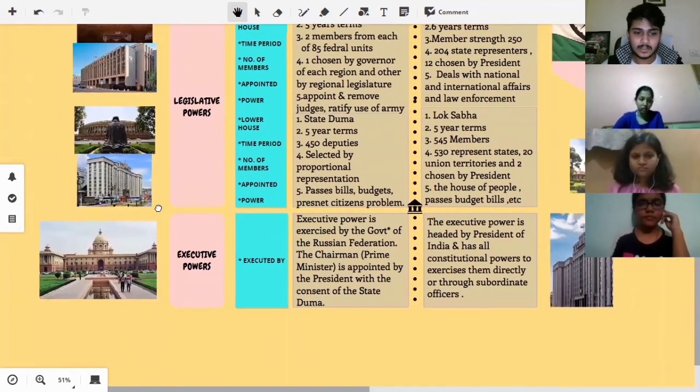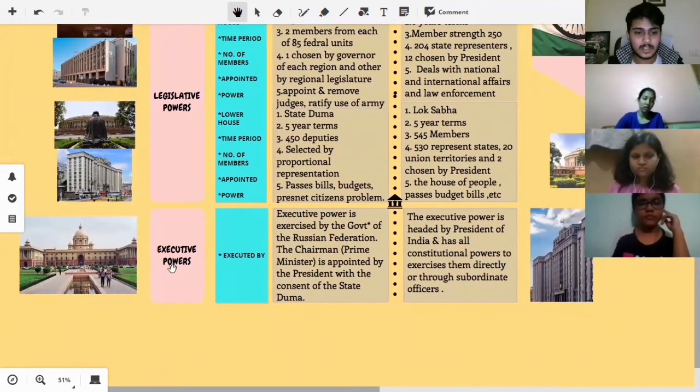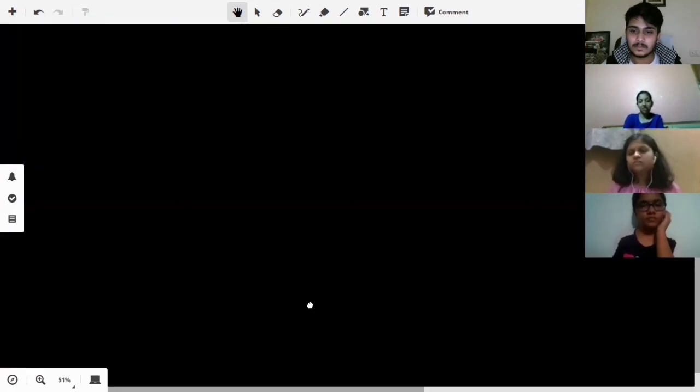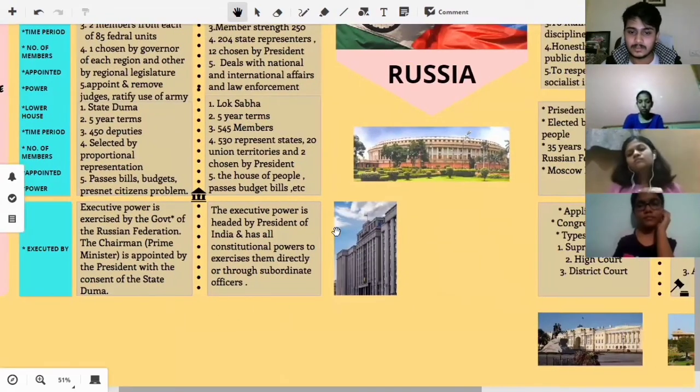And if we are talking about the executive powers in India, the executive power is ruled from this building. Just like America has a White House, this is the Indian White House where the president lives, and the executive powers are ruled from here. And the executive power in Russia is run from this building.